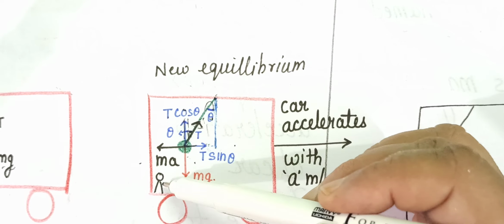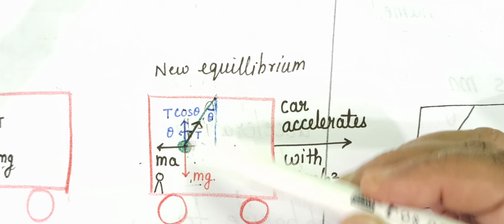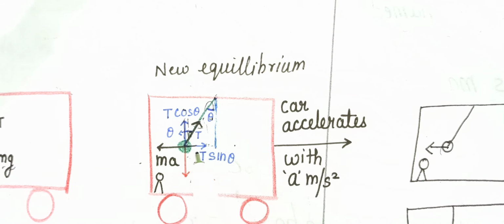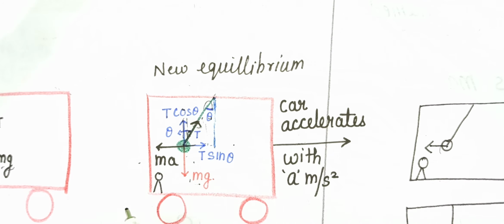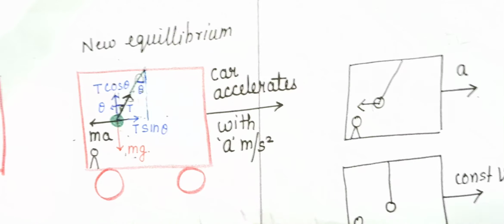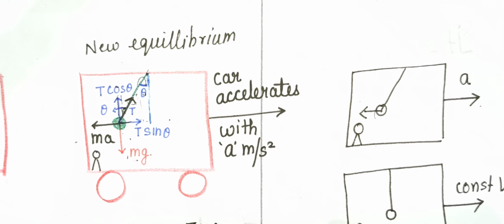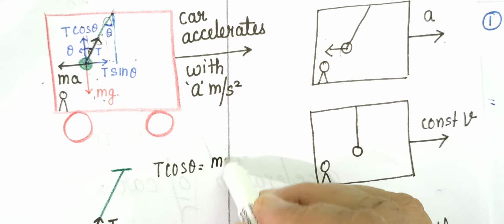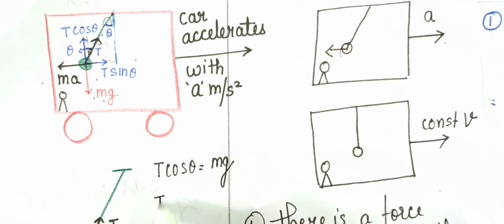So Mr. A analyzes that T cos theta is balancing mg and T sin theta is balancing ma, which is trying to pull the bob in the left direction, just opposite to the acceleration of the car. And thus he says that T cos theta is equal to mg and T sin theta is equal to ma.